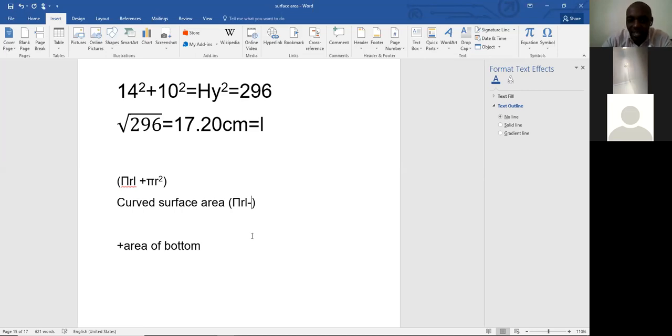pi r, small r, the radius of the small cone, and the slant height of the small cone.